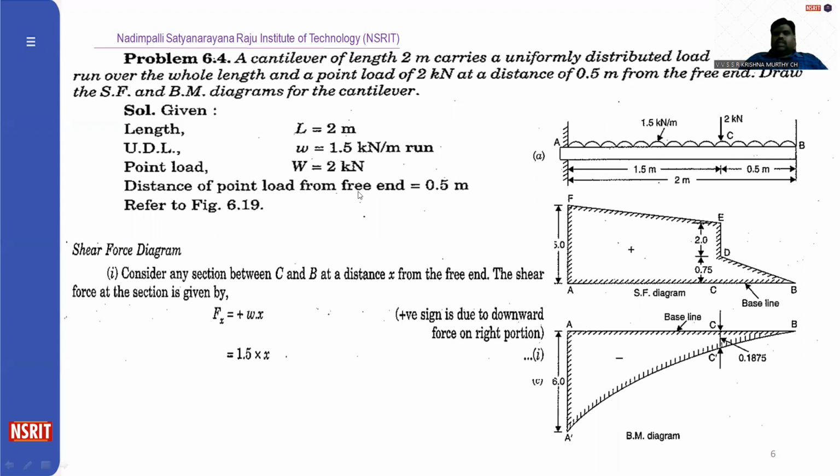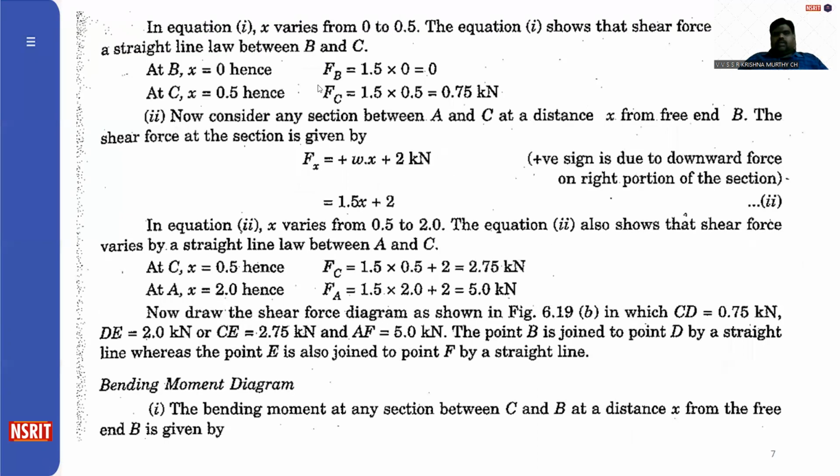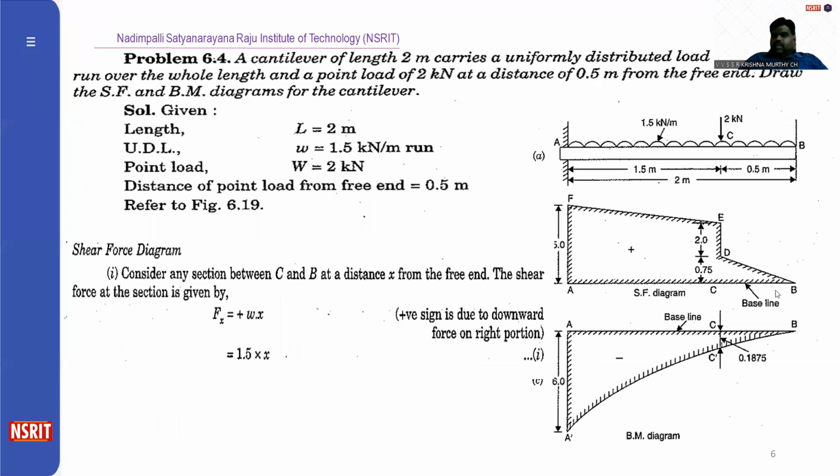At B, X is 0, and at C it is 0.75. So it will be 2.75 kilonewtons, and at A it is 5 kilonewtons. So here it will be 0.75 plus 2, and at the center, 2.75. Hope everyone is clear with the SFD.